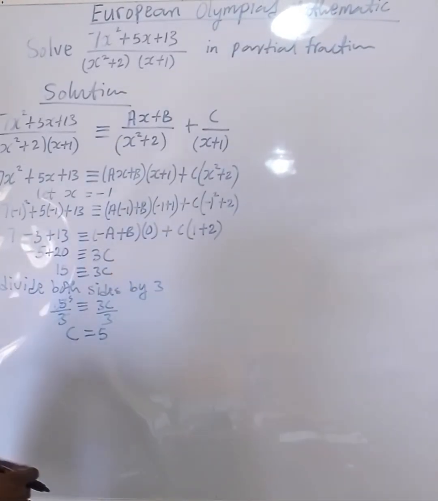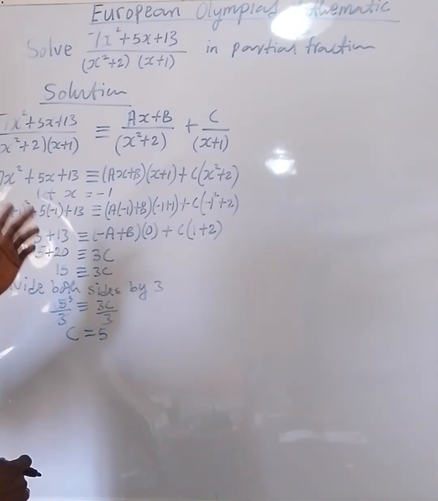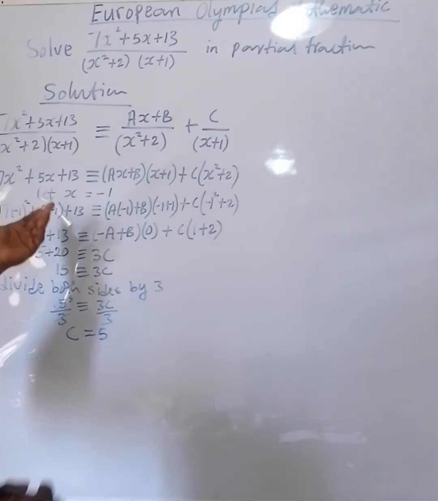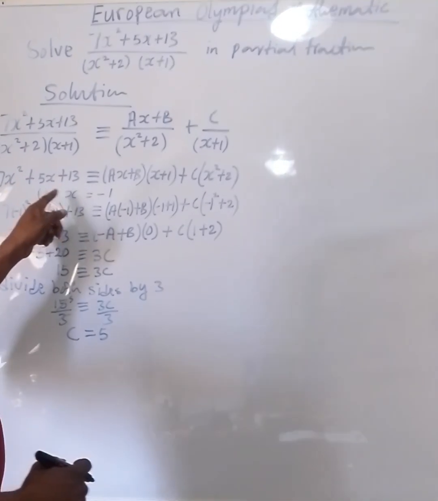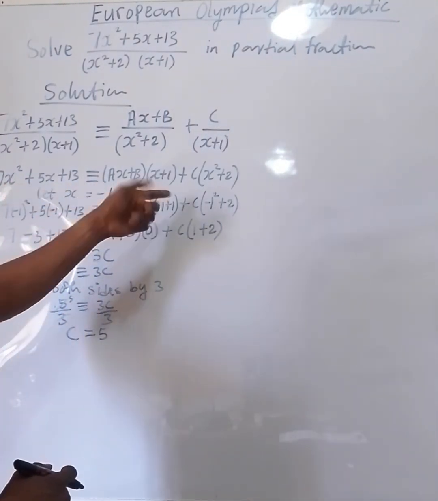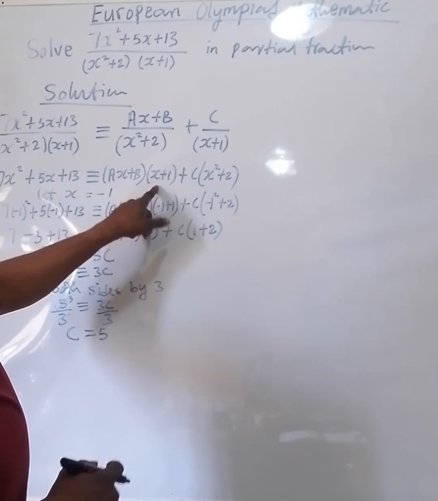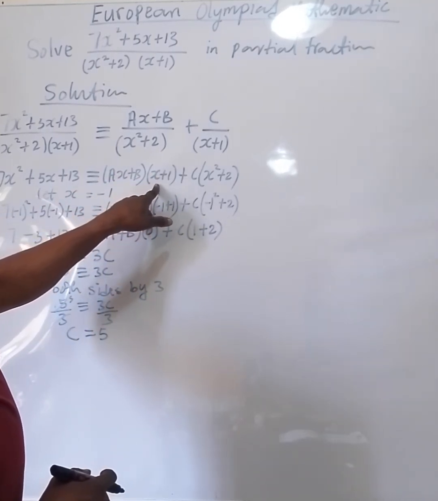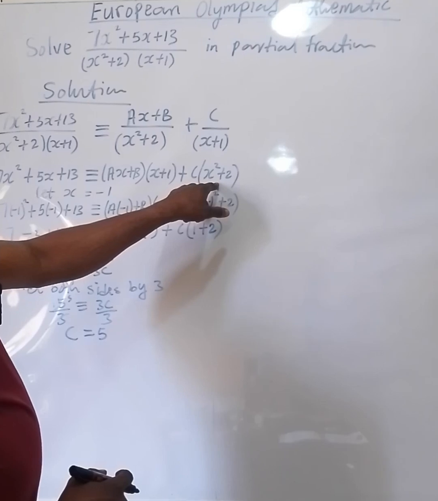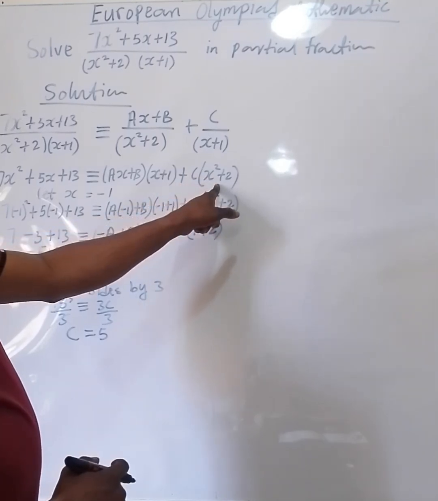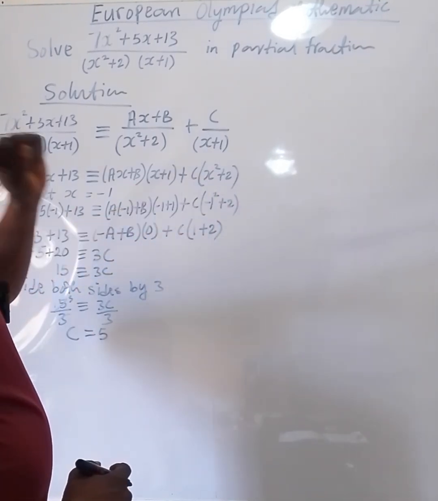So for us to now get b and a, we now go back to the question, where we have our identity. Now when you look at it, we let x be minus 1, and this one equals 0. So in this case, what can we use that will give us what we need?